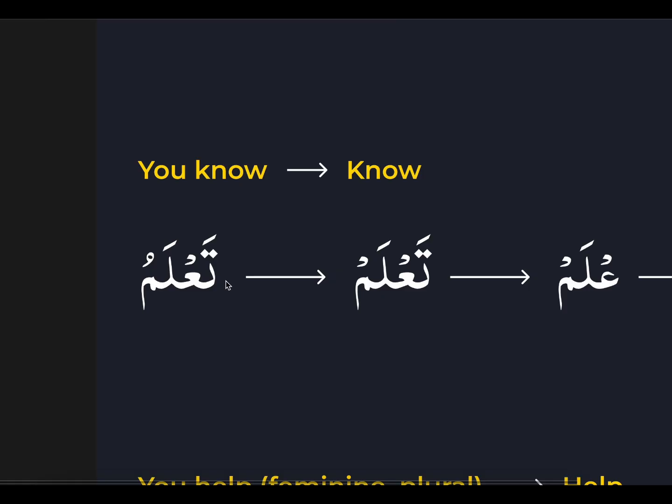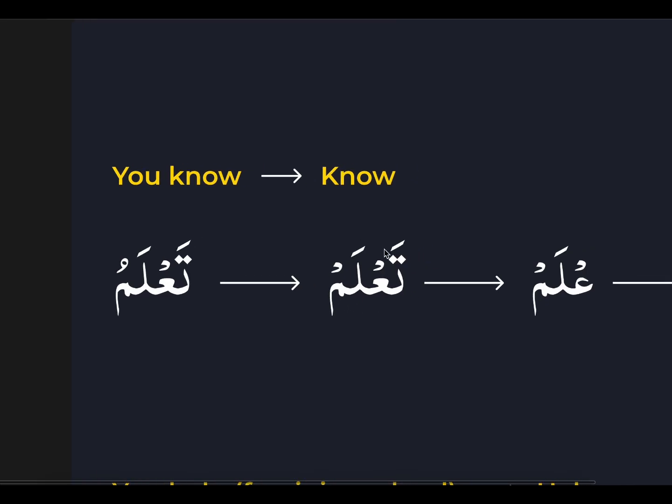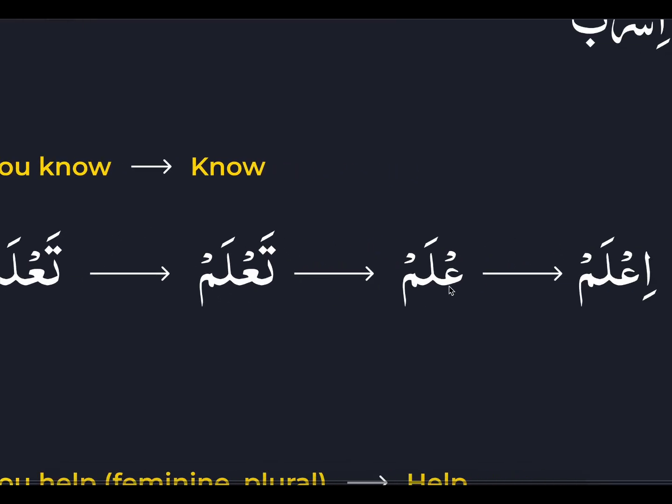Let's see another example. Ta'lamu, anta ta'lamu. Ta'lamu means you know. How do I command? I have to make it lightest. So ta'lamu becomes ta'lam. I have to get rid of ta. It becomes 'lam. Is it readable? It's not readable because of sukun at the beginning. So I have to add extra alif.